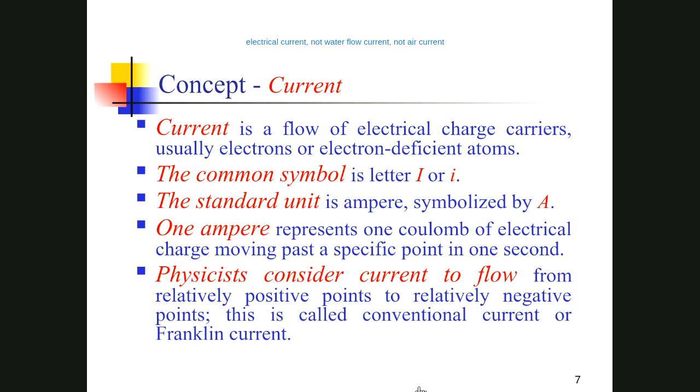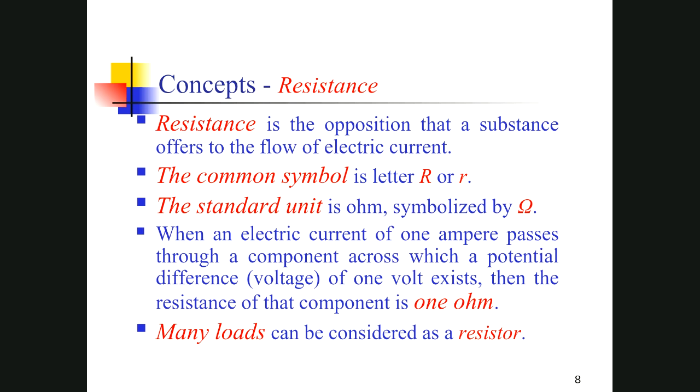Similarly, the resistors. Now, how did we get the resistance? First, the medium resistance. Resistance is the opposition that a substance offers to the flow of the electric current.